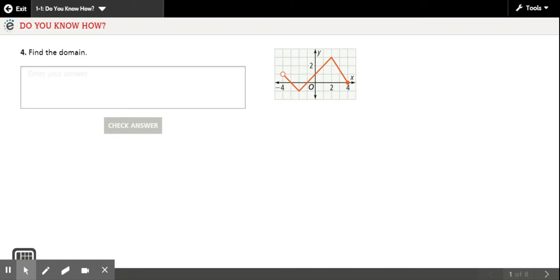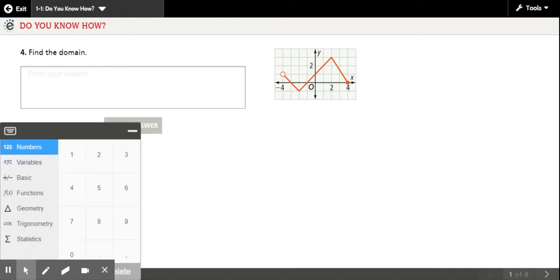All right, domain. In this case, it's all the x values, right? So it starts at -4 and it goes to 4. However, the one part that you should notice is how it's an open circle at -4 and a closed circle at 4.